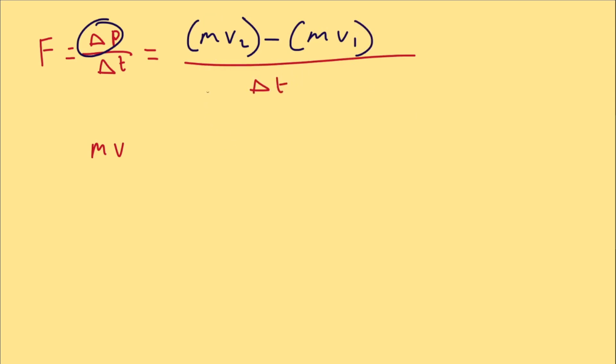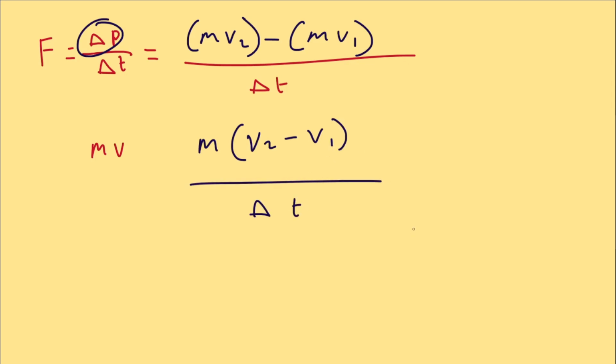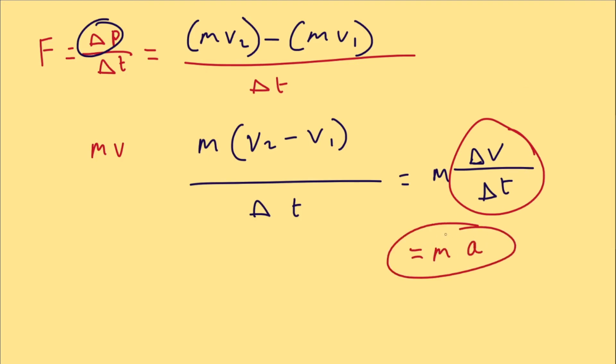Factor out mass because mass is constant here. You get mass times the change in velocity divided by change in time. This is also written as mass times delta velocity over delta time. And what is this? If you notice, this is the formula for acceleration. So you get mass times acceleration. F equals ma.